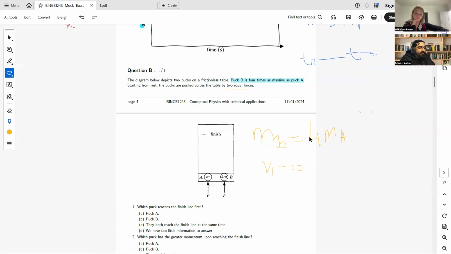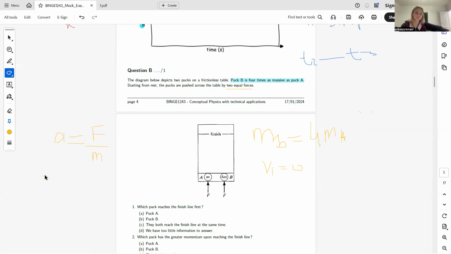Okay, the information that is given to us is the mass, the initial velocity, and the applied force, which is similar. According to Newton's second law, we have the relation for the acceleration: a is equal to F over m. And as we can see, acceleration is inversely proportional to the mass.